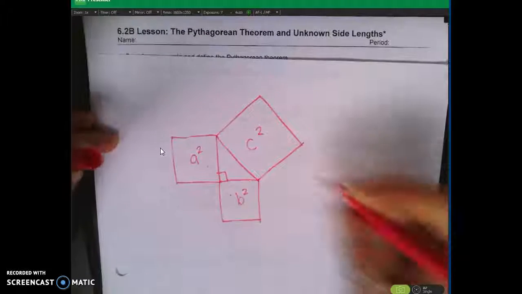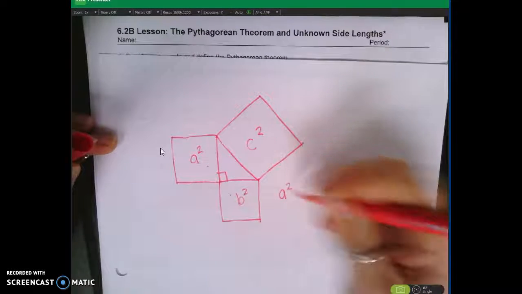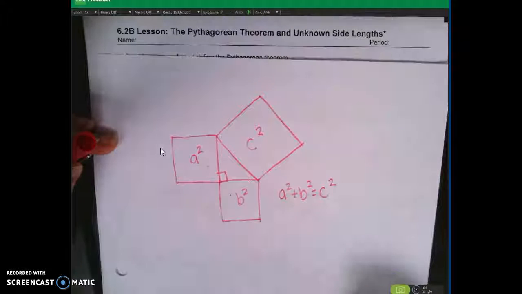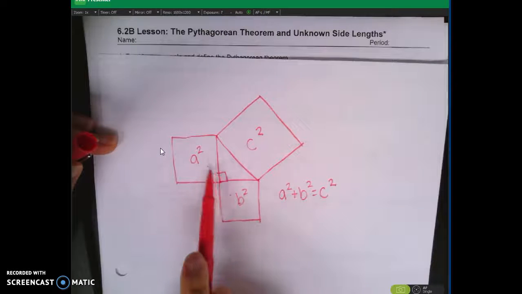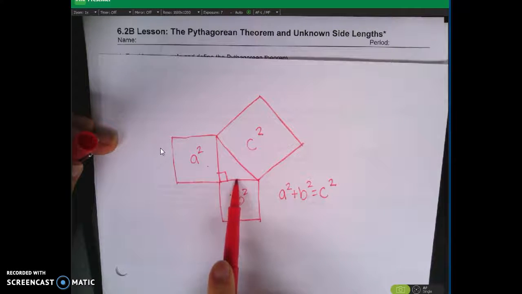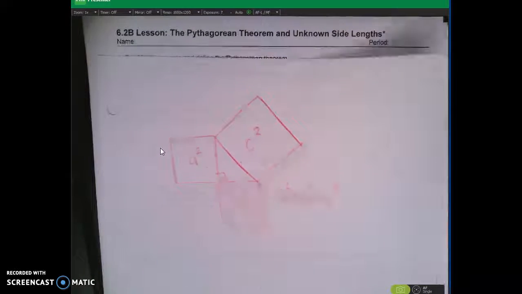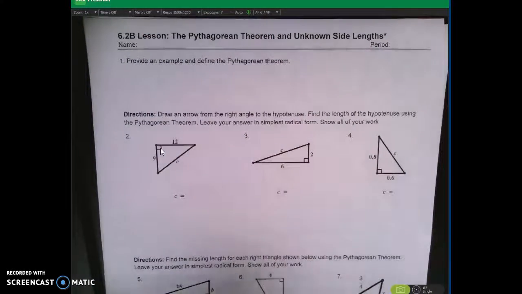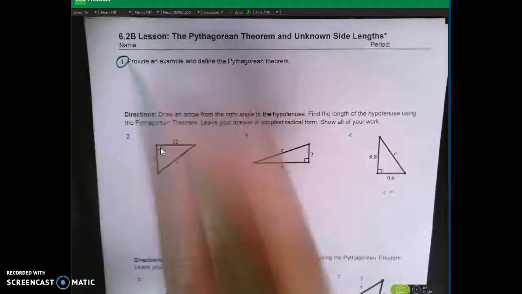And that's how we make the Pythagorean theorem, which is a squared plus b squared equals c squared. Meaning for any right triangle with leg lengths a and b and hypotenuse length c, a squared plus b squared equals c squared.